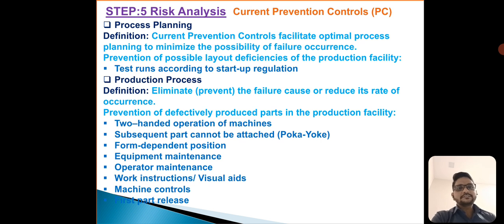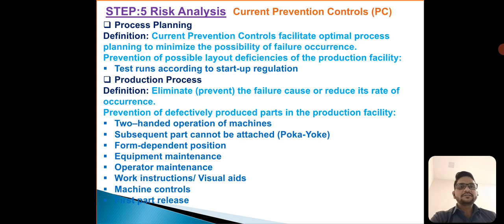An example is a test run according to startup regulations. In the case of the production process, the current prevention control is to eliminate or prevent the failure cause or reduce its rate of occurrence.